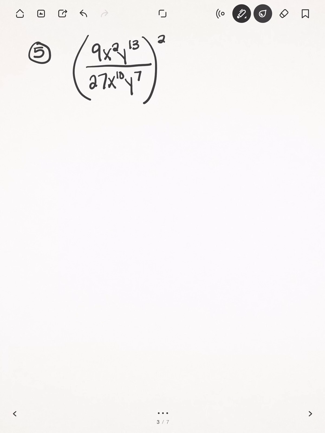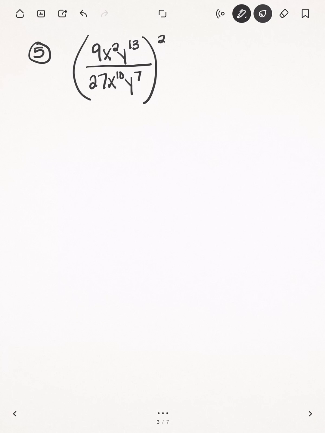Now, one way you could do this problem is just take everything inside the parentheses and raise it to the 2nd power. But you're going to make your 9 an 81 and you're going to make your 27 a really big number. So let's simplify inside the parentheses first, and then we will raise it to the 2nd power.